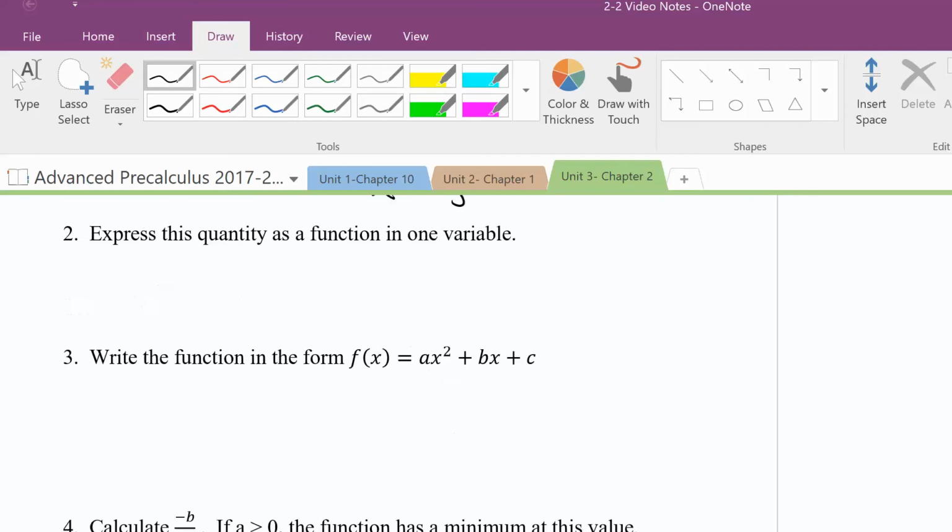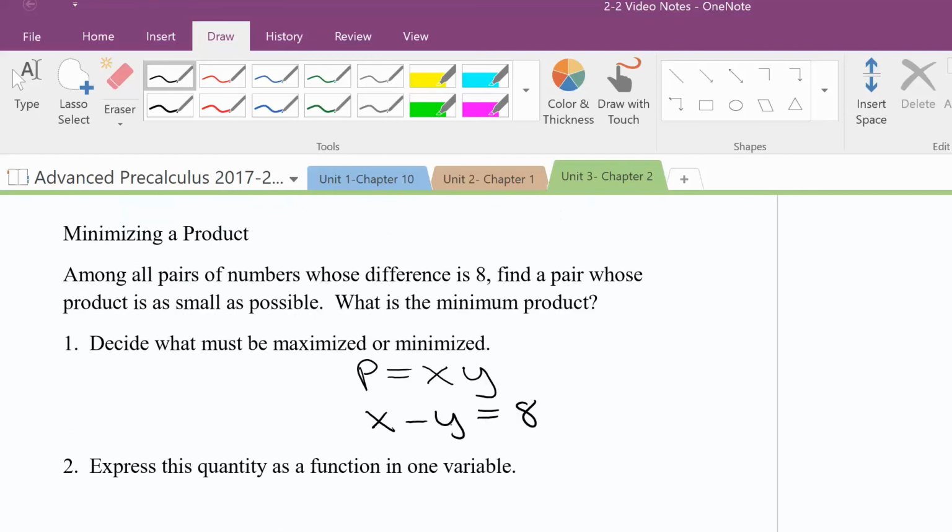So if I solve this for y, in terms of x because I want to make it one variable, I get negative y equals negative x plus 8. So y is equal to x minus 8.